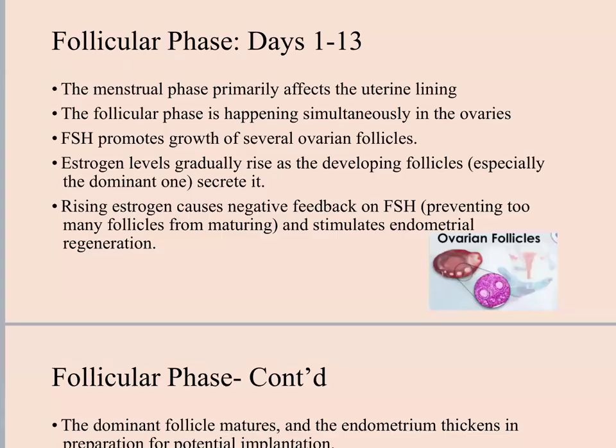The estrogen levels gradually rise as those follicles develop, and a dominant follicle is going to emerge. And that dominant follicle, kind of that chosen one that's going to secrete the egg, is especially going to spur the rise in estrogen levels.